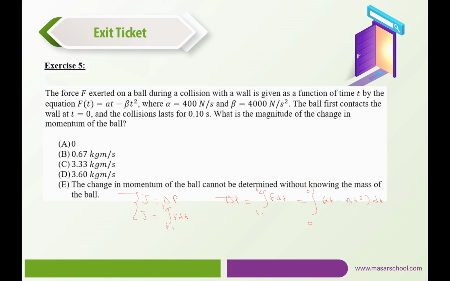Now alpha and beta are constants. This is linear, this would be quadratic, quadratic would be cubic, which means that would be alpha t squared over 2 minus beta t cubed over 3 computed between 0 and 0.1. Now that would be alpha 0.1 squared over 2 minus beta 0.1 cubed over 3 minus the same expression computed at 0.